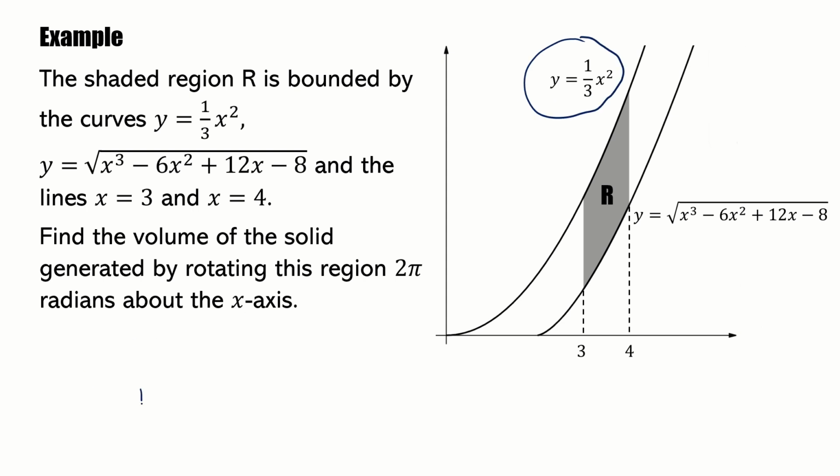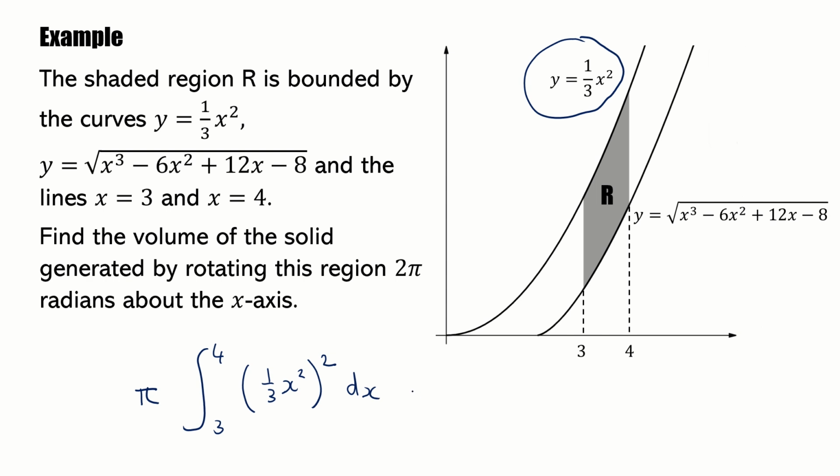So therefore that would be pi lots of the integral from 3 to 4 of 1/3 x squared, but then because we're doing volumes of revolution, we've got to square that, and then we're going to integrate that with respect to x.